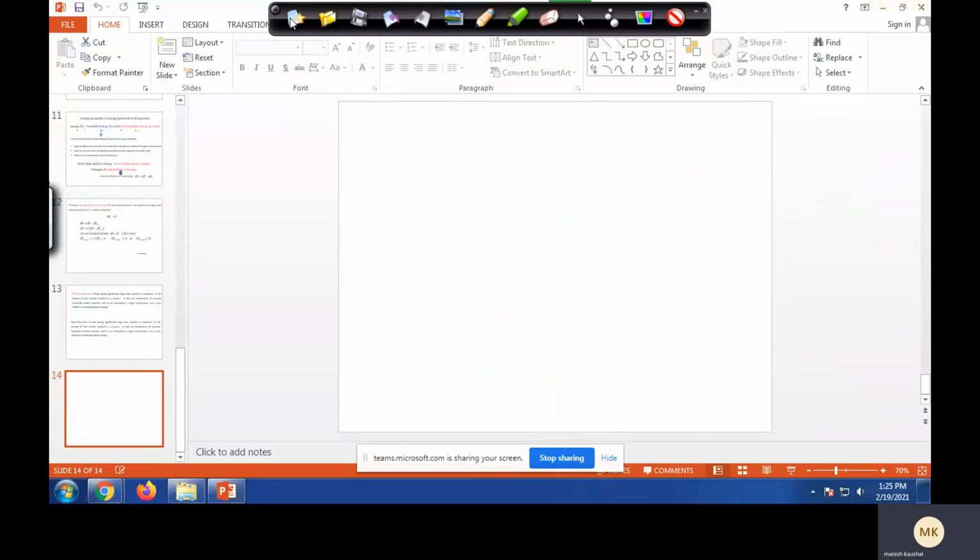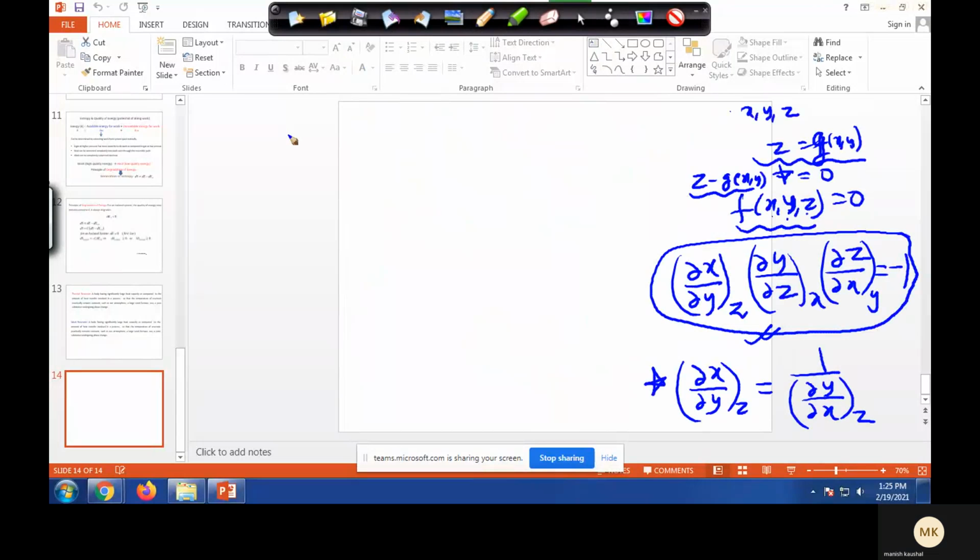Now let's see some illustrations. Before that, we also have to define beta, which is known as expansion coefficient, isothermal expansion coefficient.